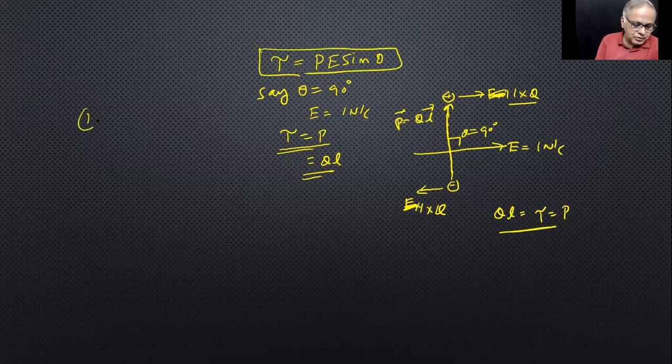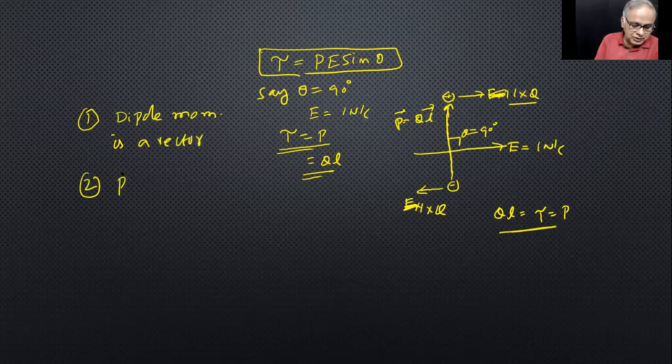So, a few points to note. Dipole moment is a vector. P equals charge into L bar. L bar is from minus to plus, which means P bar is from minus to plus.